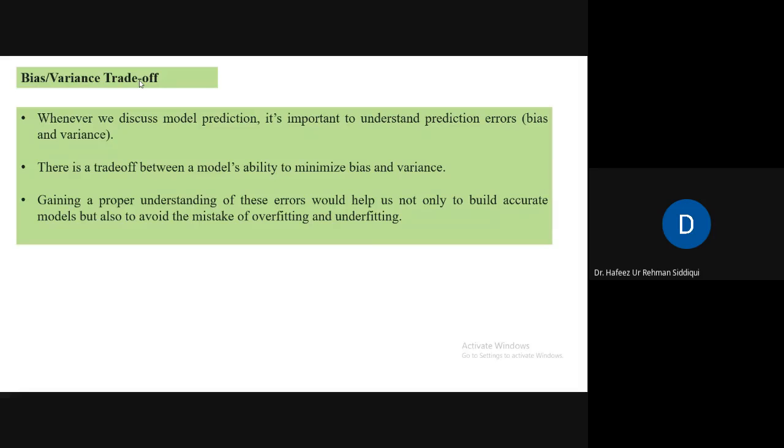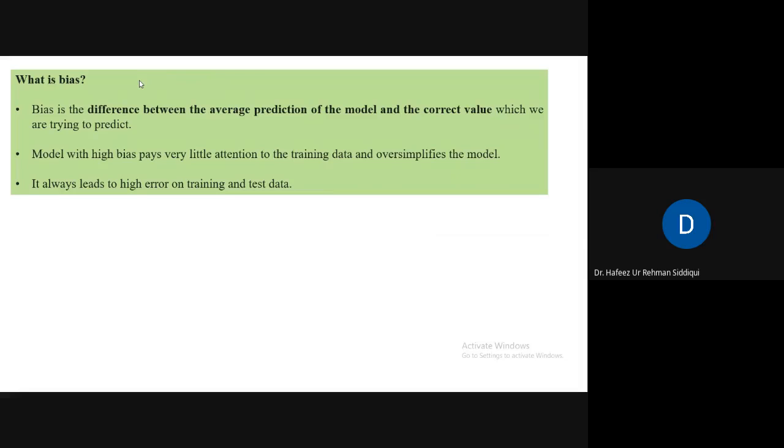Bias and variance are two parameters, and we want to adjust them to improve our performance. Gaining a proper understanding of these errors helps us not only to build accurate models, but also to avoid the mistakes of overfitting and underfitting. So we need to get some understanding of bias and variance.